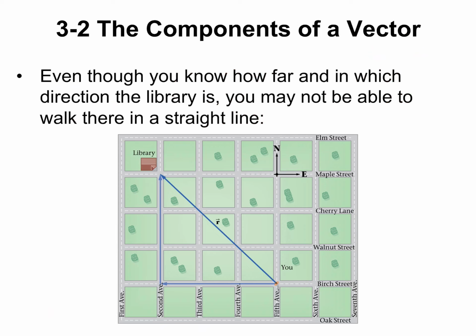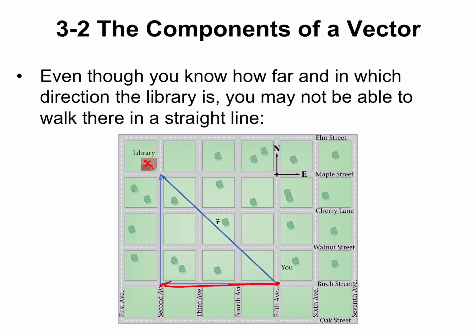So this one tells you that even if you know how far away the library is, you may not get to the library directly. If you cannot get there directly, you can go in two segments.